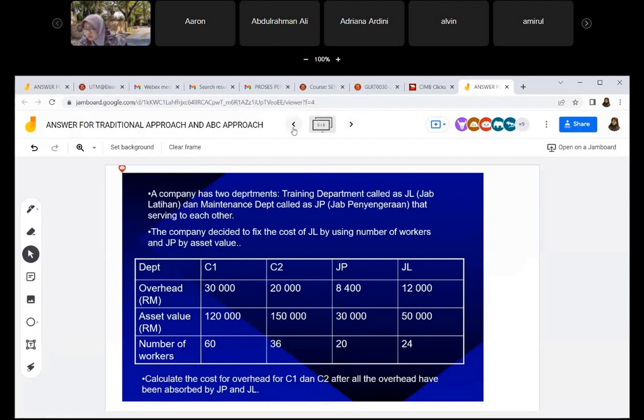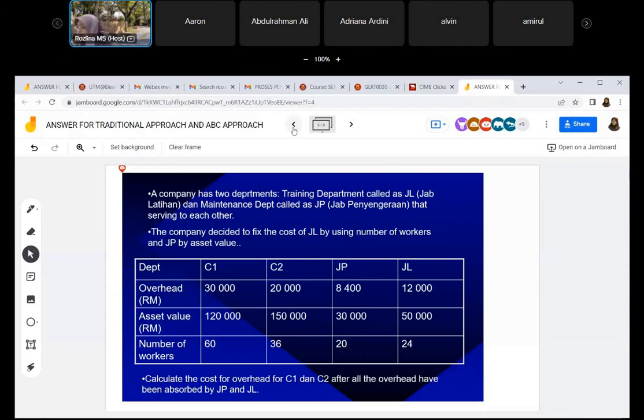Okay, what about the JP to C1? 40? What? Hurry up, dah dekat pukul 3 ni. 46 point? Tak payah solution, 46.88. Okay.